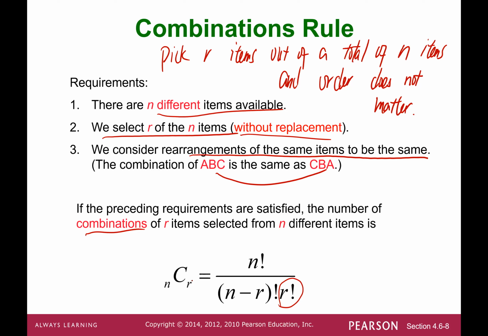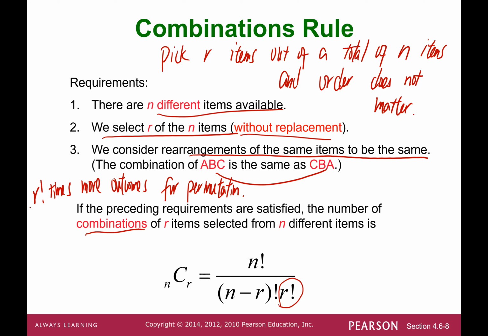Permutation just has more outcomes, that's all. How many more outcomes? R factorial times more outcomes for permutation, because for permutation we need to rearrange those R items. That's why we multiply by R factorial for the permutation.